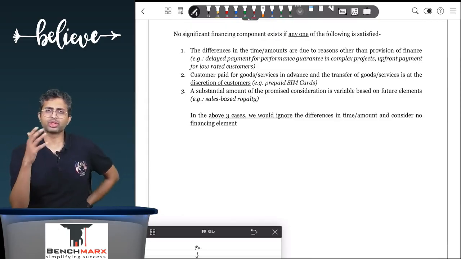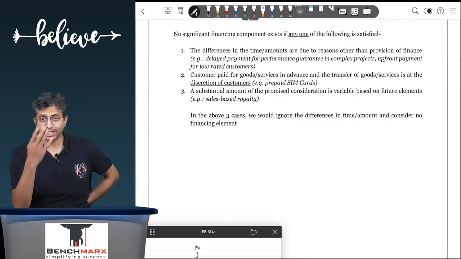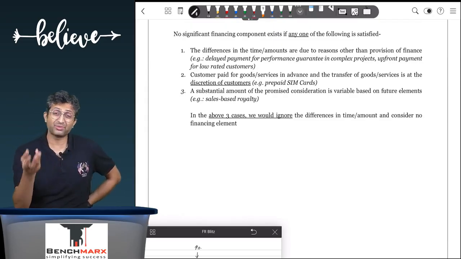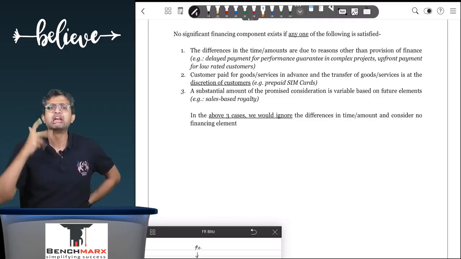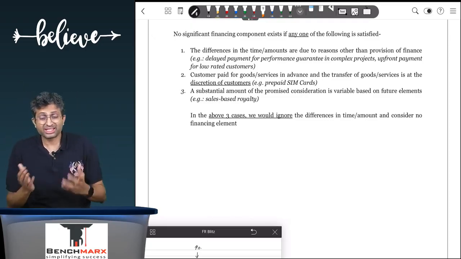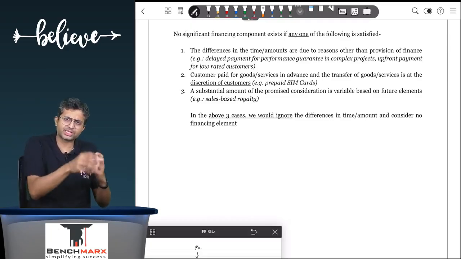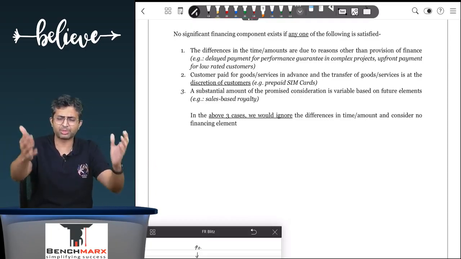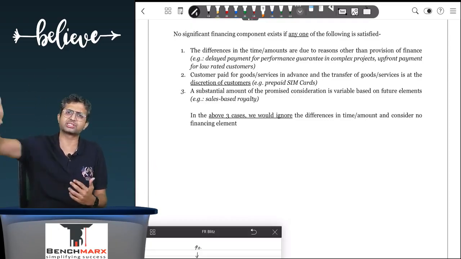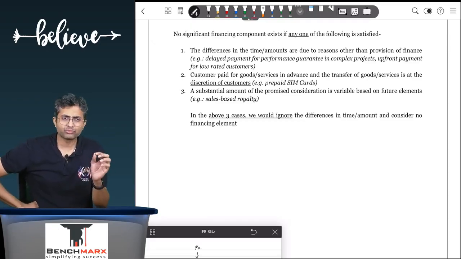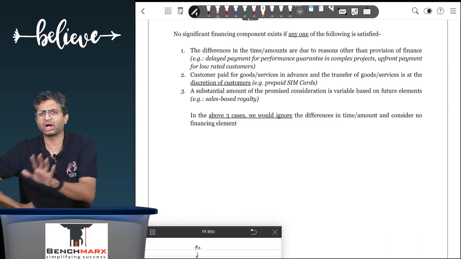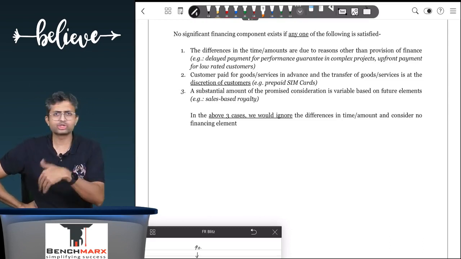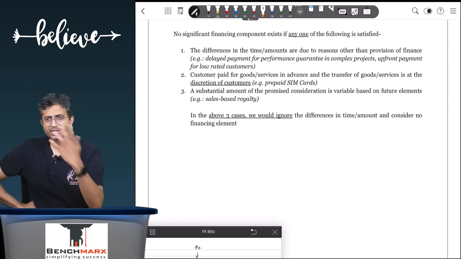For example, you have ordered missiles, and these missiles have been delivered, but they will first be installed into your system and test fired, and once the test firing happens, that is when you will pay the amount. But the entire process of installing the missiles, clearing a site, preparing a site and doing test firing takes 16 months. So the gap between the missile delivery and payment is more than 12 months, but that is due to a factor other than time. So it's not that there is a loan, but a factor other than time.